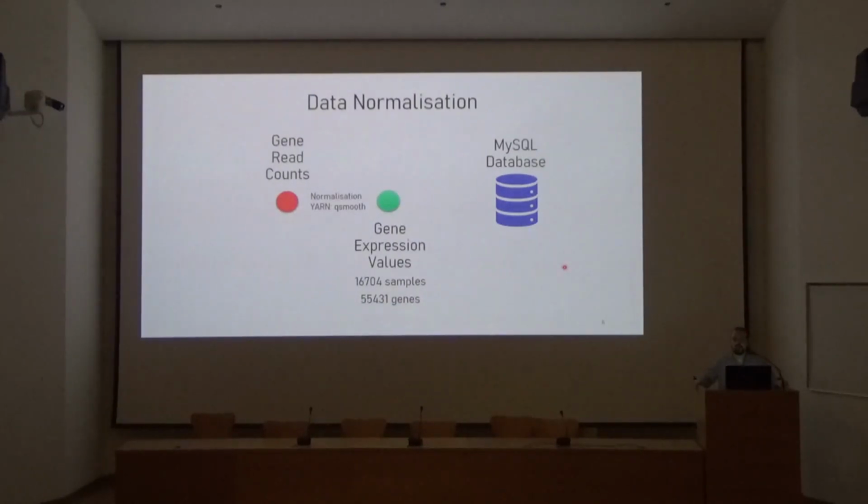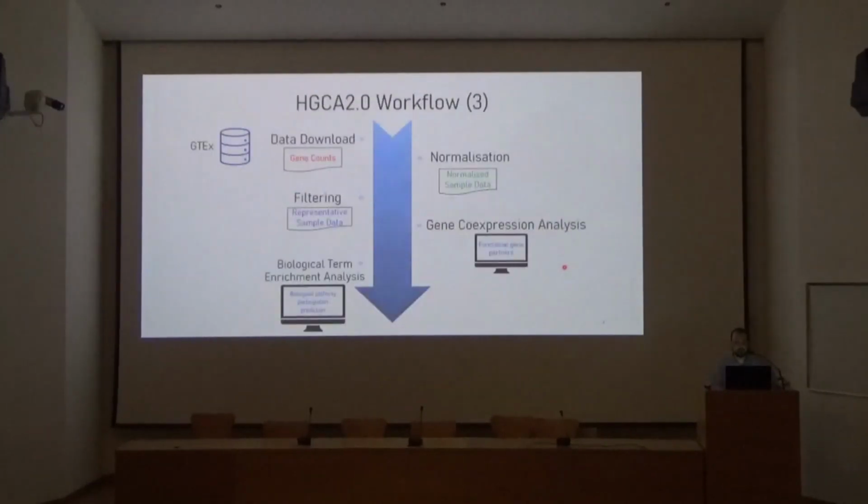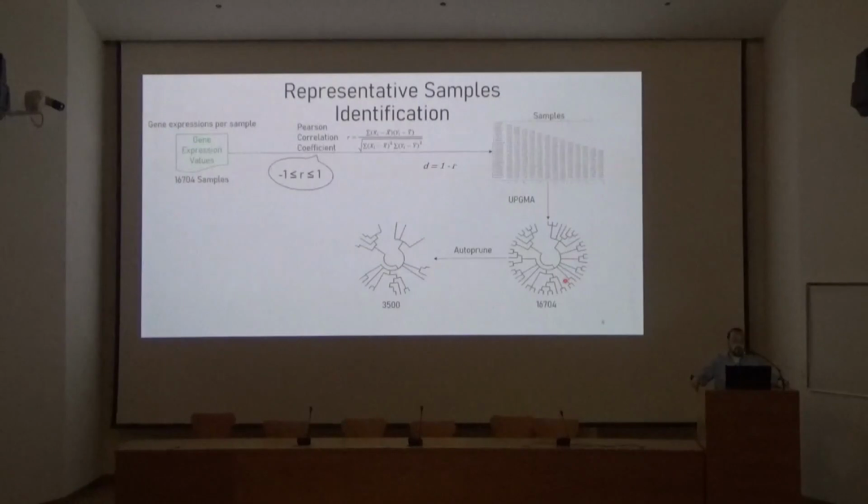And that's a very good thing when we use databases and samples that are from multiple tissues, as in the case of GTEx. So we transformed our gene read count data to gene expression values, and we store them in a MySQL database, so it will be easier for us to use later on. The next part is the filtering of our samples. We talked about how there were more than 16,000 samples.